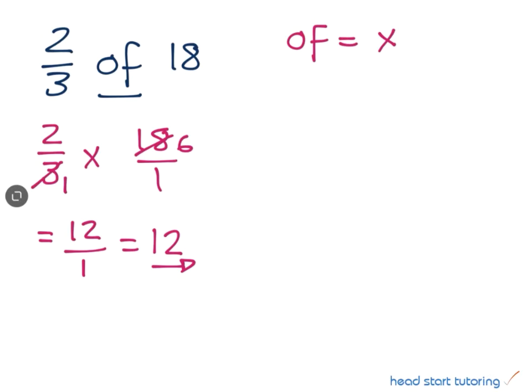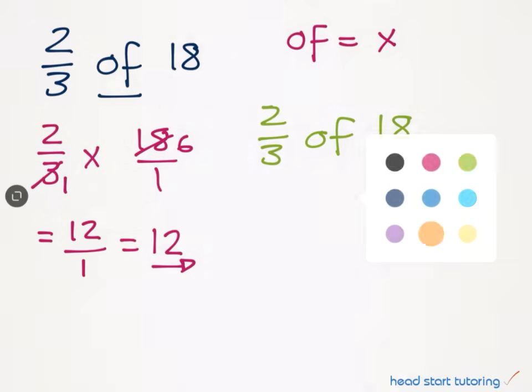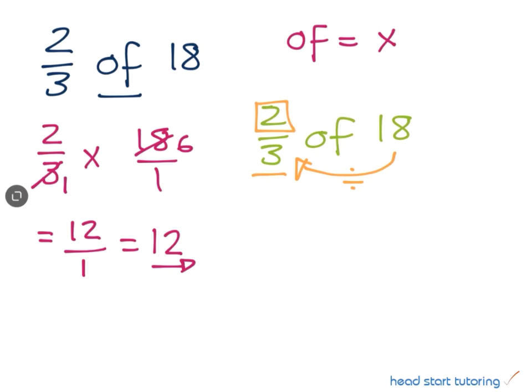Another way that we could have worked out 2/3 of 18 is: what you do is divide. So you say 18 divided by your denominator, and then you multiply that answer by your numerator.